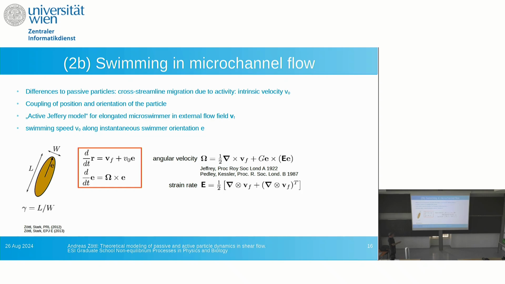So these are the same equations we had before. Jeffery derived these equations for passive particles, and then there were relatively early works from Pedley and Kessler and others, who used these equations for active particles, for microorganisms.